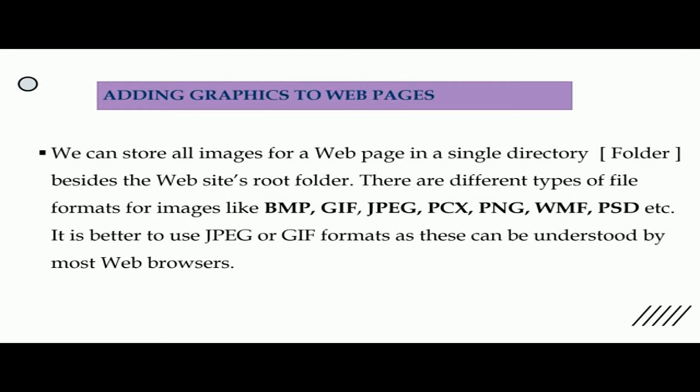There are two main reasons. The first reason is to fetch that particular image faster. The second reason is that there are certain browsers which will not support it if the HTML file and the images are in different locations.